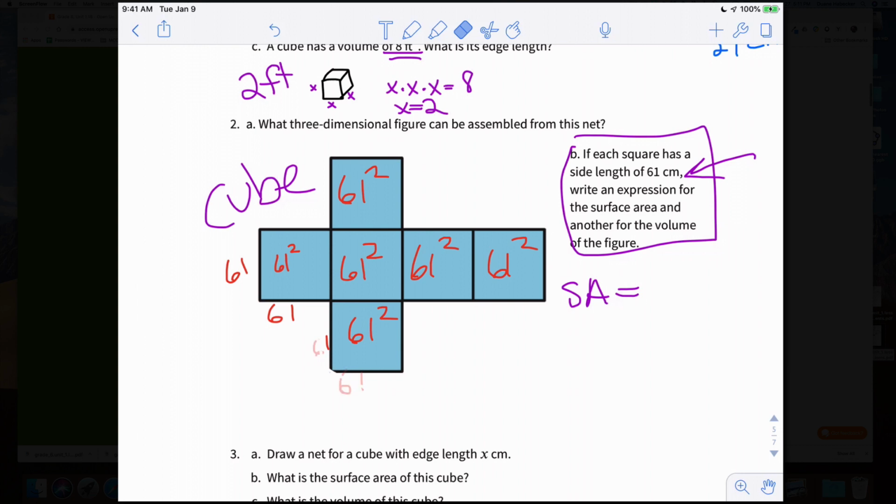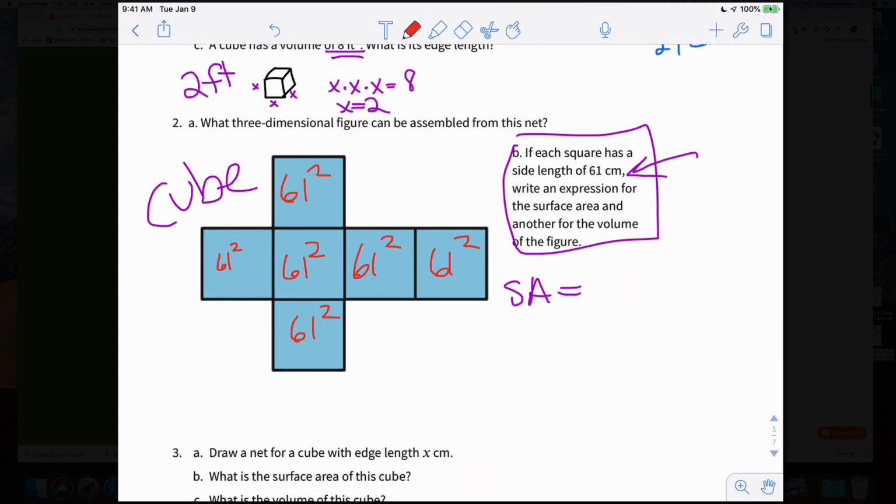So I'm going to delete all these edges right here. All right. And then we're going to have 6 of them. So our formula for the surface area is 61 squared times 6. And then our units are centimeters squared. So that's the surface area.